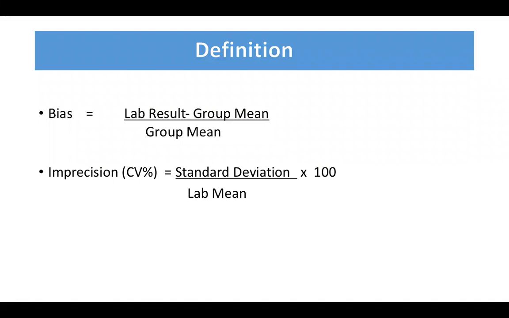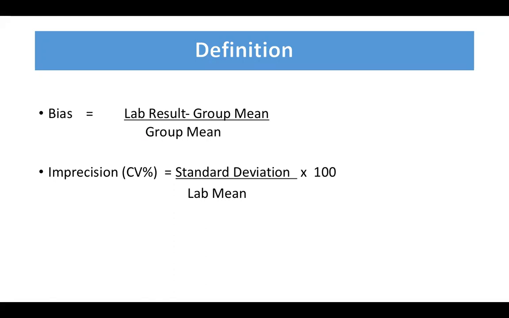Then variation in our day-to-day result. For this, we calculate CV% from our internal quality control. First, we discussed process outcome: how many defects there are out of the given possibilities. Now we are shifting our attention towards process variation.